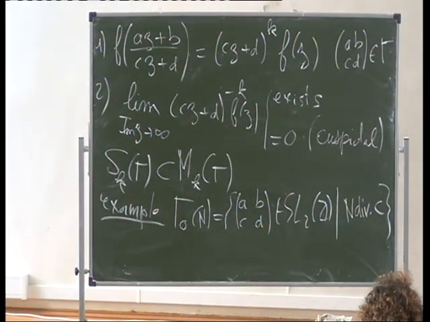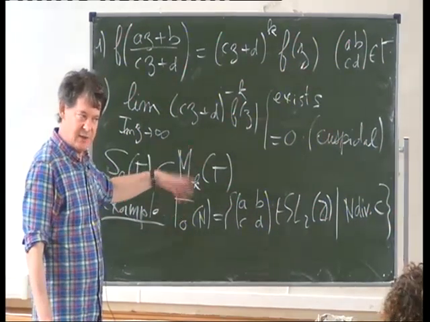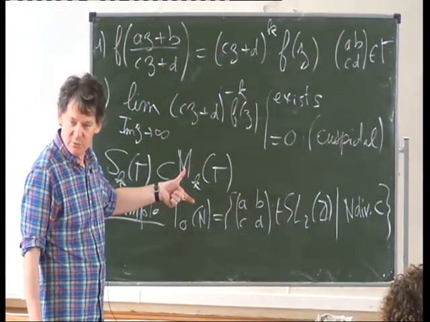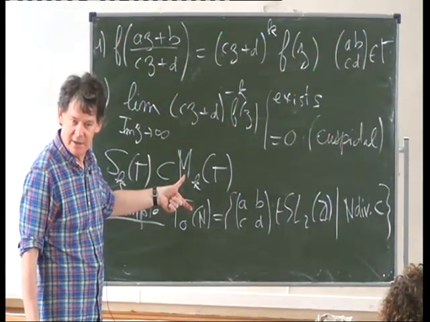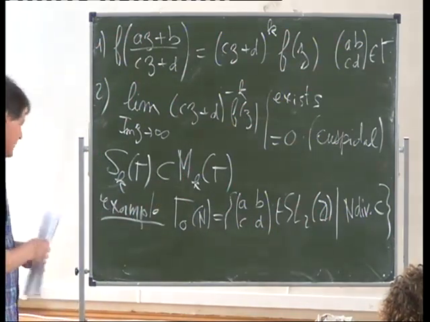For those who know elliptic curves, this is the group that enables you to parameterize an elliptic curve plus a cyclic subgroup of order N. This is exactly the group that occurs.